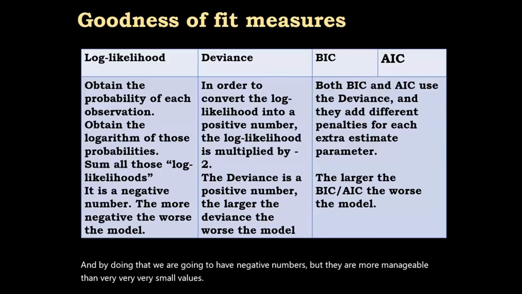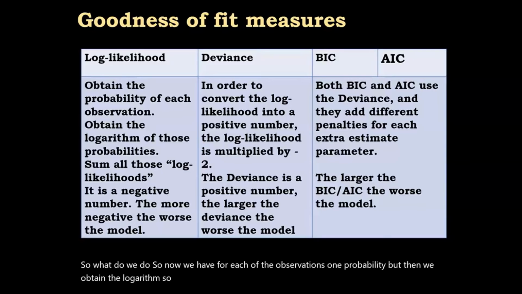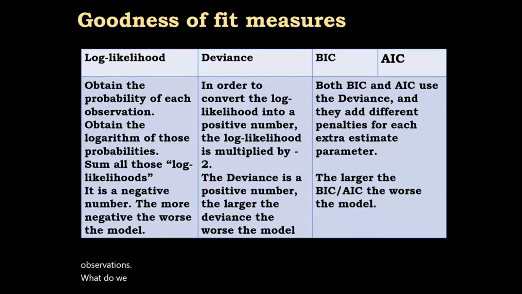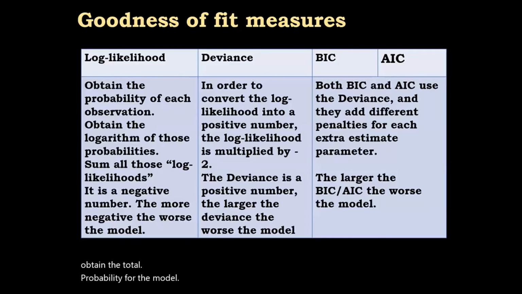So what do we do? Now we have for each of the observations one probability, but then we obtain the logarithm, so we get what is called a log likelihood for each of these observations. And what do we do? In the case of probabilities, we multiplied all the probabilities in order to obtain the total probability for the model. How do we do it with likelihoods?